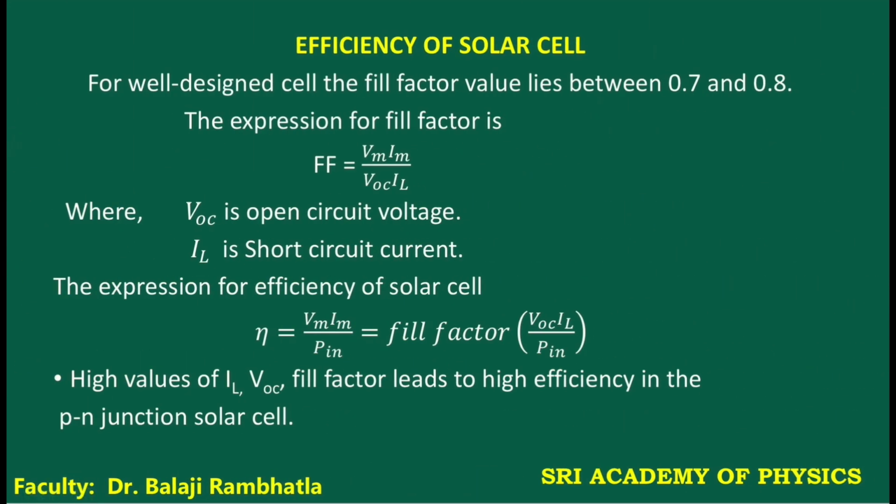Now, how do we define the fill factor value? Fill factor is the area of the square divided by the area of the curve. What is meant by the area of the square? That is Vm into Im. What is the area of the curve?